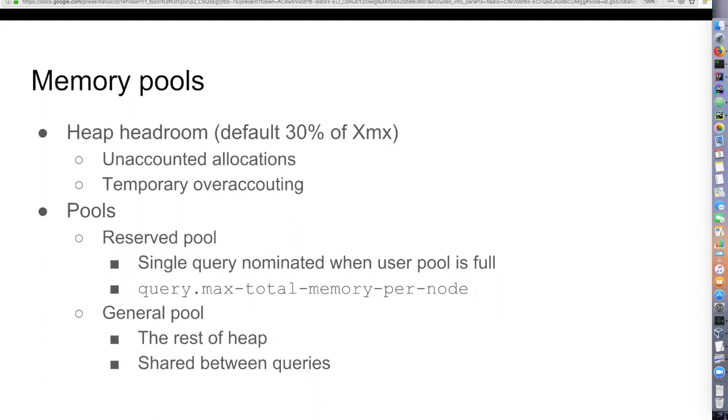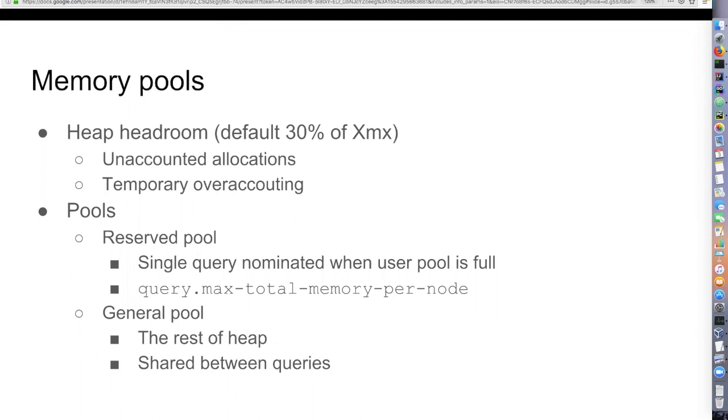And there is also a reserve pool, which is used when the general pool is exhausted and no query can take more memory from the general pool. In that case, a single query is nominated to the reserve pool.